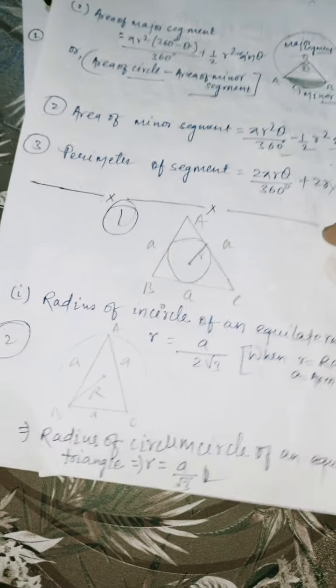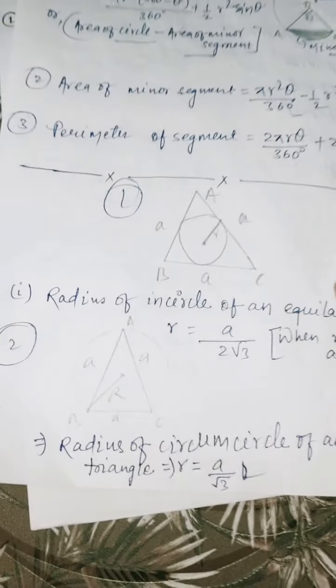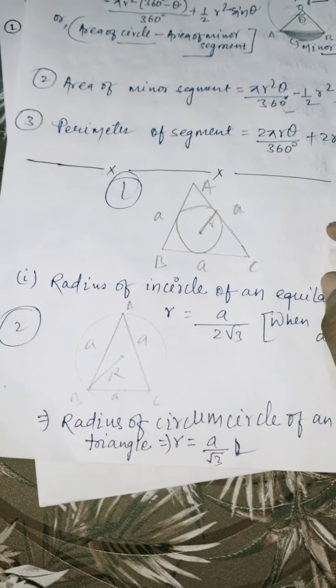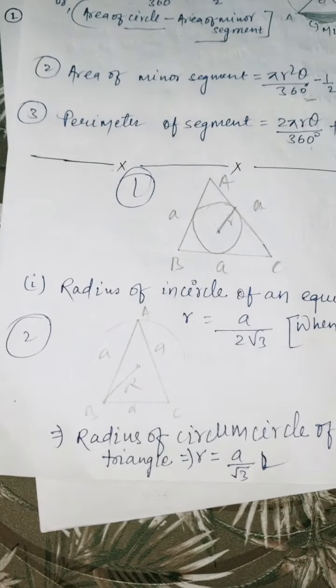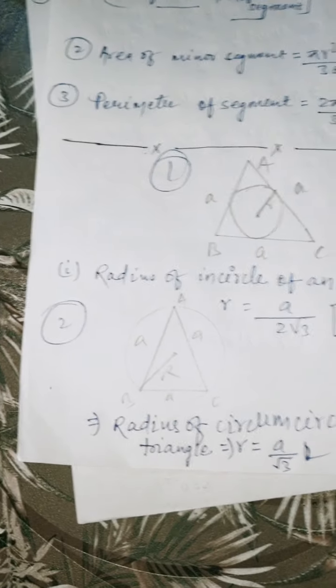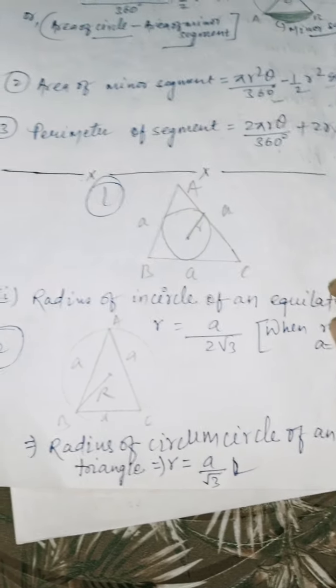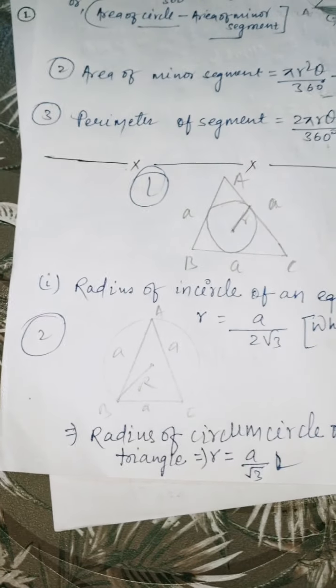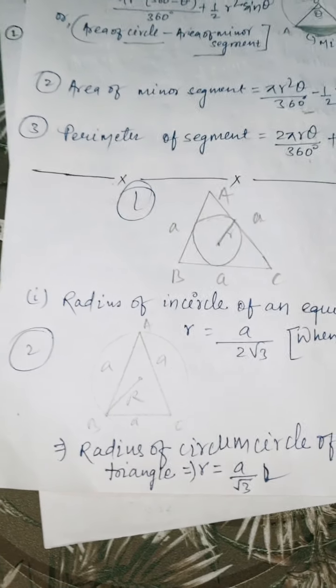And if we have to find the radius of the circumcircle of an equilateral triangle, then we apply r equal to a by root 3.